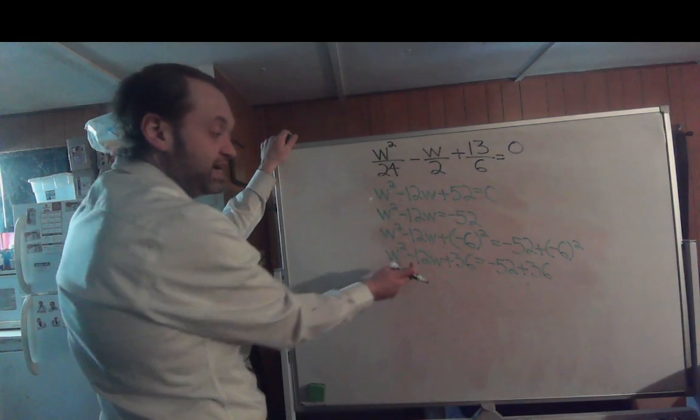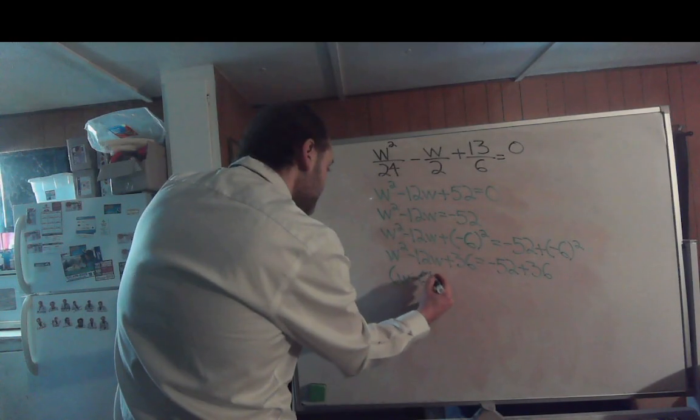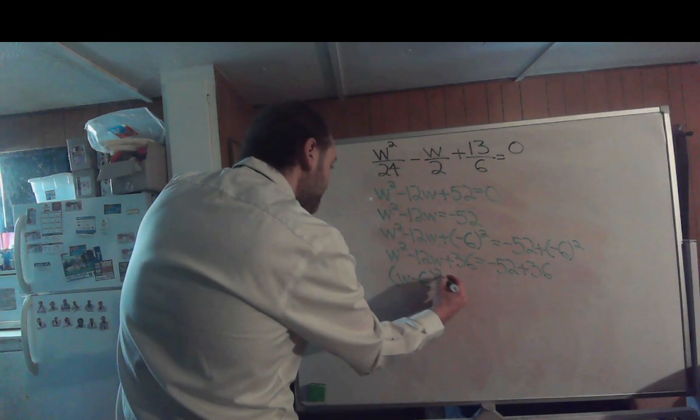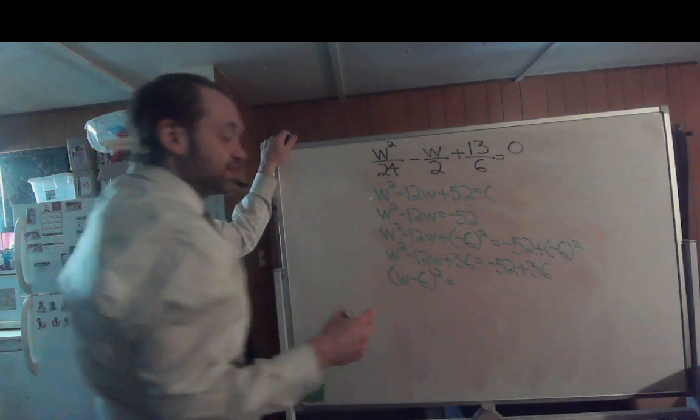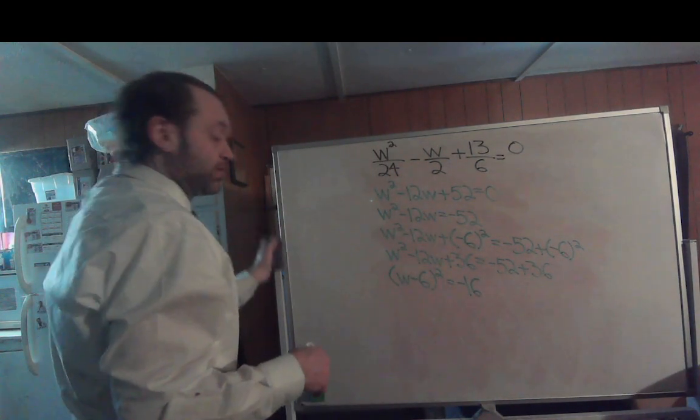So the left side now becomes a binomial square of W minus 6, that quantity squared, would equal the right hand side, negative 52 plus 36 is negative 16. Now just take the square root of both sides.